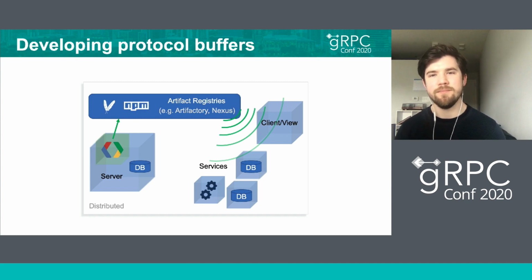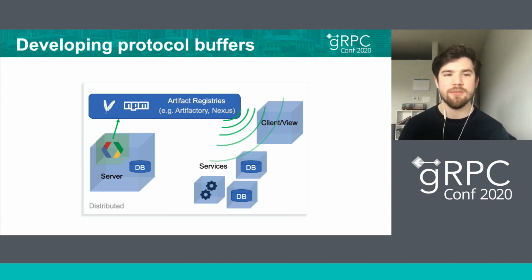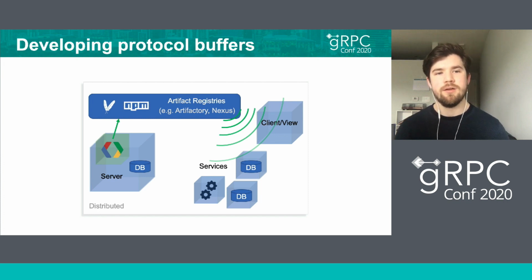Most of us are probably working in distributed systems though, so our services are broken up into a few or many different parts of the system, and somehow we need to get the protos, if we're using protobufs, from one service to the next. So the next step, usually what happens is that we put our protos into the code base still of the service that's going to be implementing them.